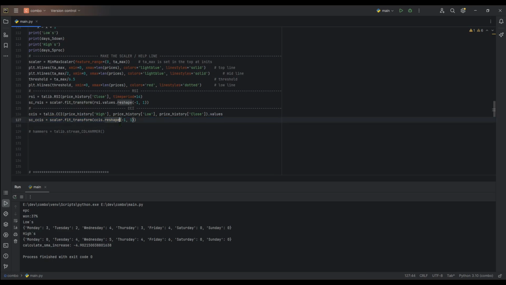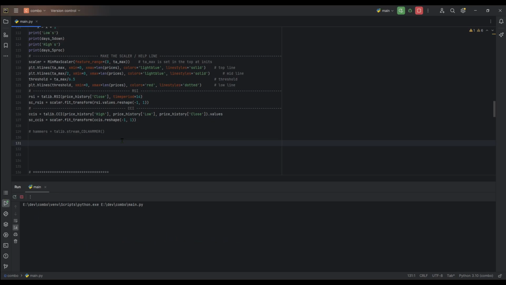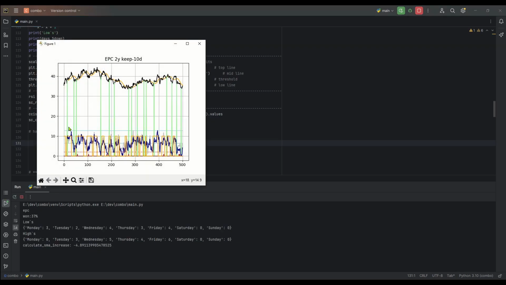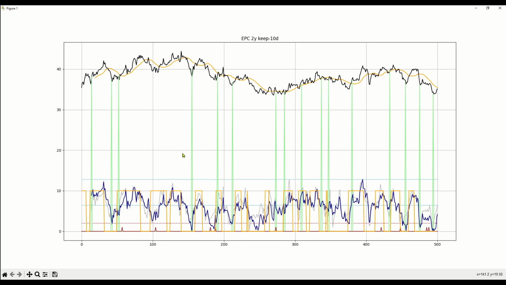Well, you can see what that does at the moment. Let's run this. So you just see the CCIs. They are gray in here. So now you see that.